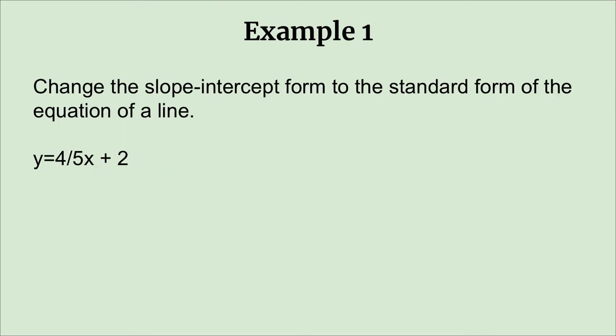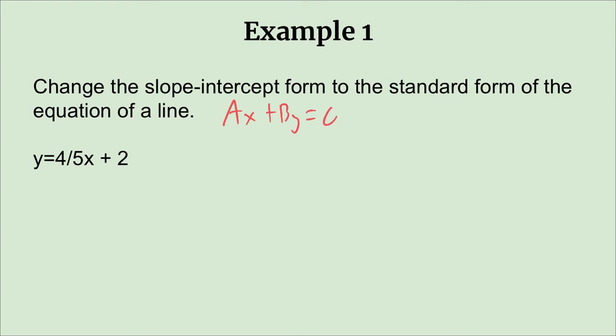So first question, change the slope-intercept form to standard form of the equation of the line. So we've got y equals 4/5 x plus 2, and we want to put it in the form ax plus by equals c.